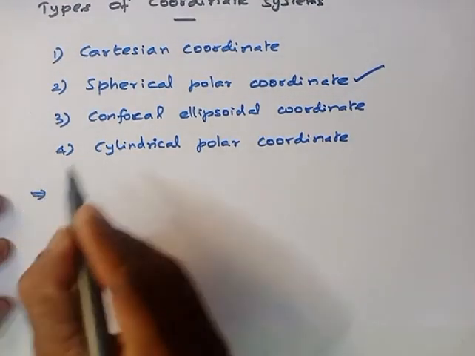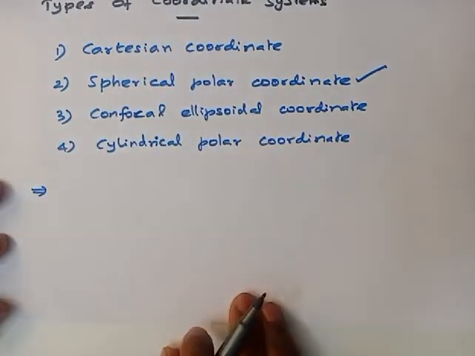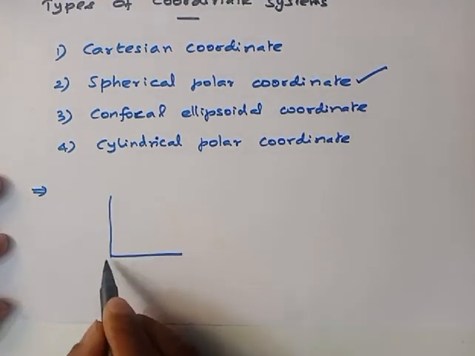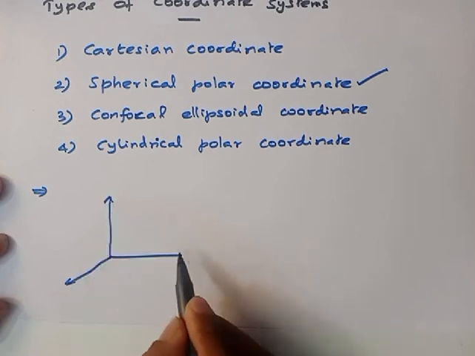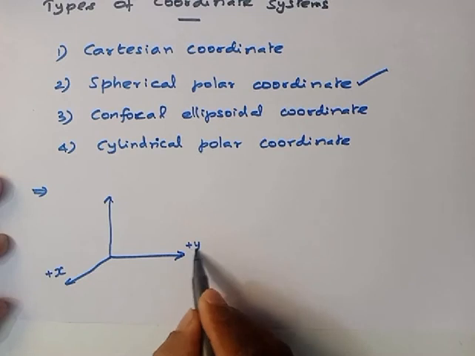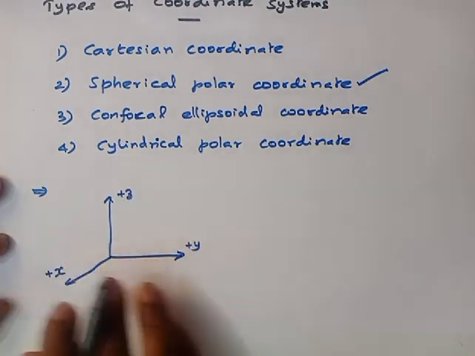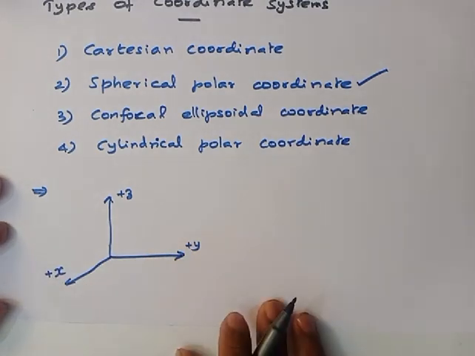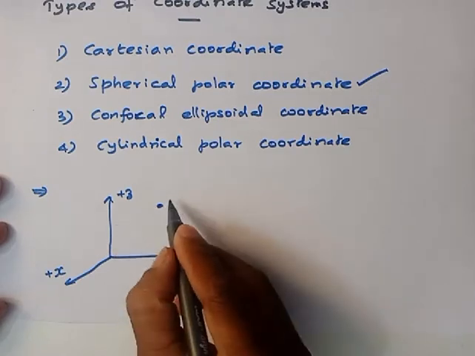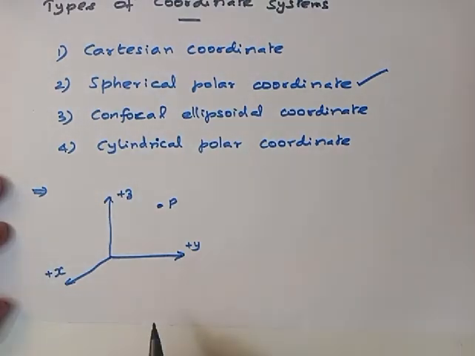Before discussing spherical polar coordinate, what is meant by Cartesian coordinate? In a 3-dimensional space, suppose I take 3 perpendicular axes: positive x-axis, positive y, and positive z-axis. Let us represent some point P using the Cartesian coordinate system.